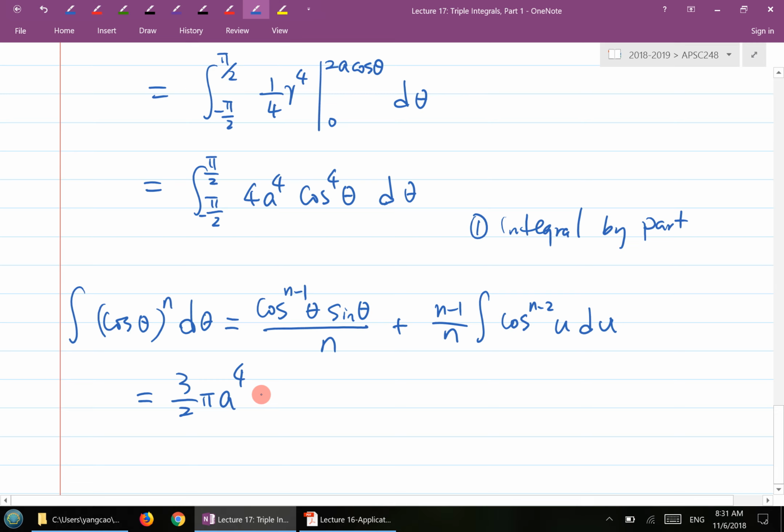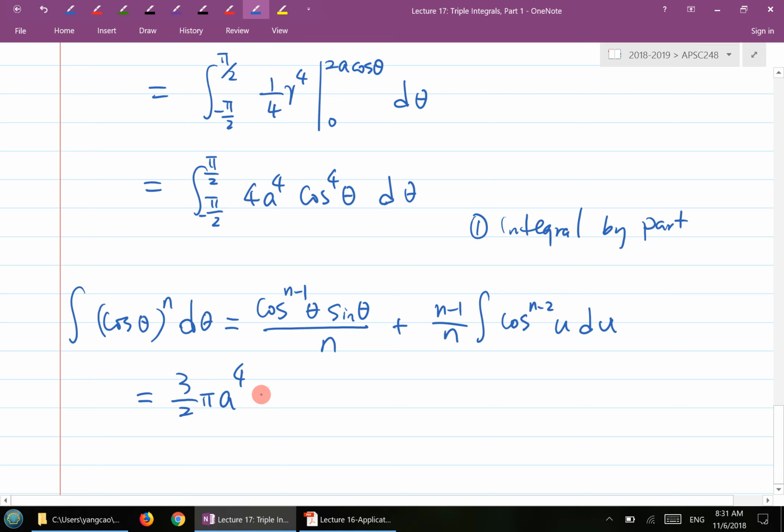Any questions so far in terms of the moment inertia calculation? You just have to know what moment inertia you're required to calculate, with respect to the O, or with respect to the x-axis, or with respect to the y-axis.